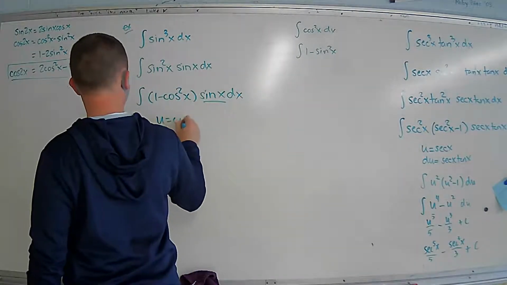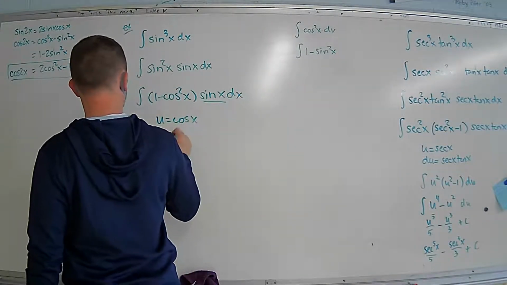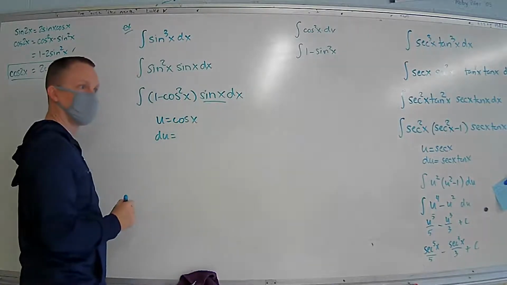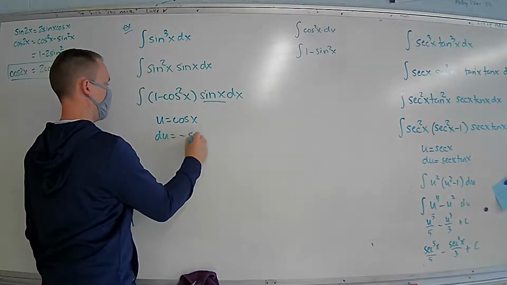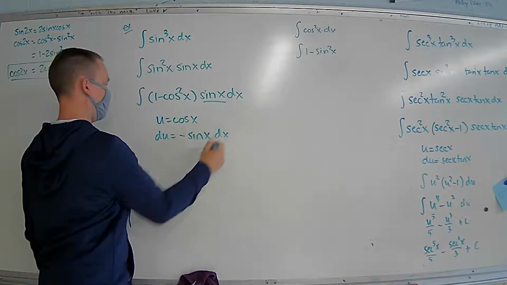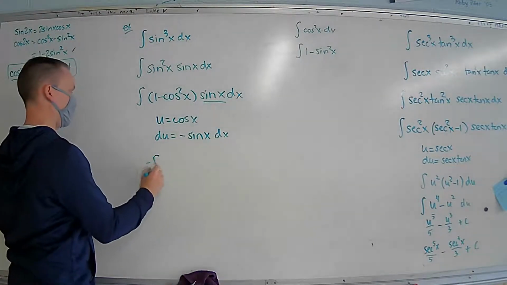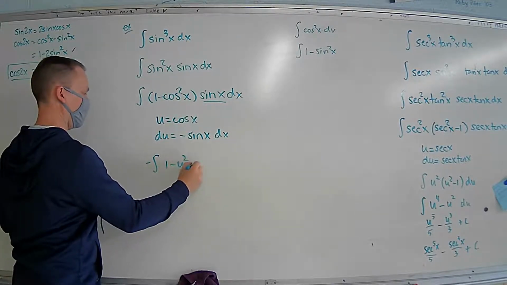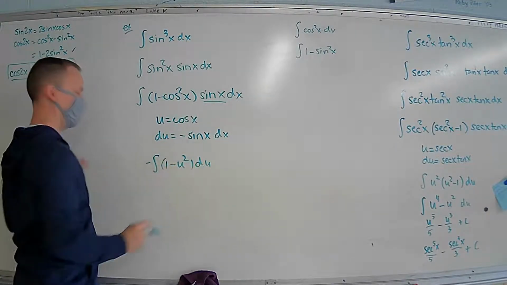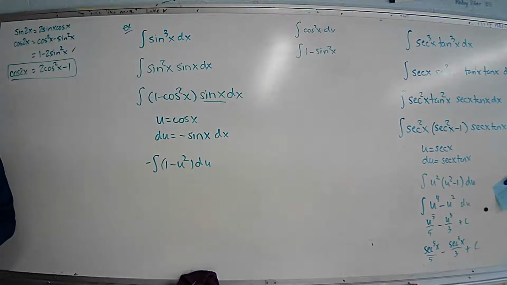So if u is cosine, then what's du? Negative sine. Negative negative. So that's 1 minus u squared du. And what's the antiderivative of 1 minus u squared?